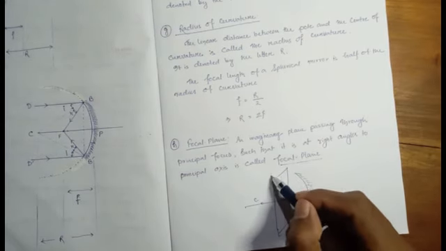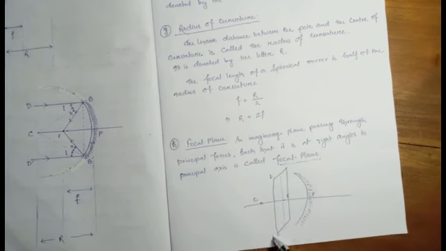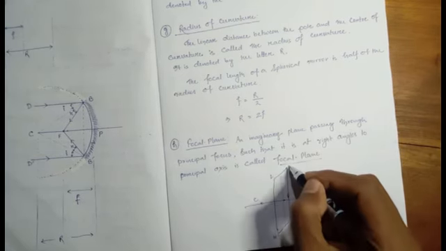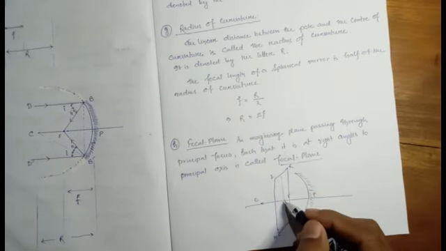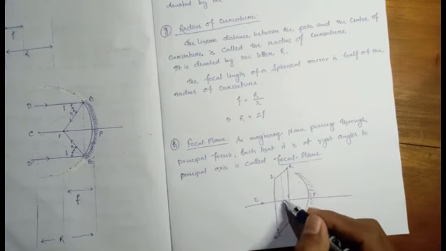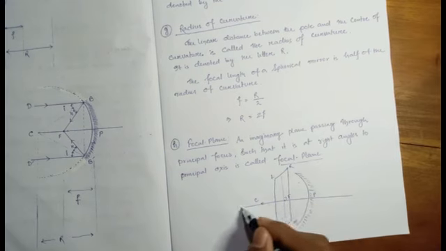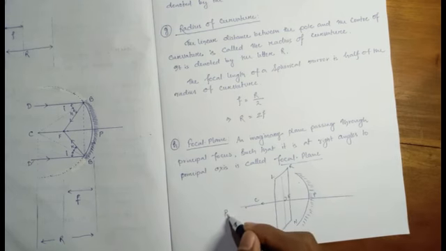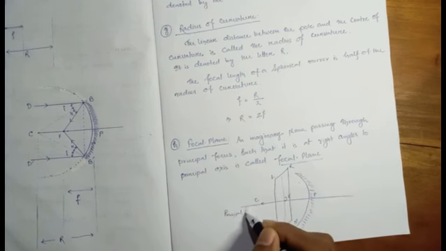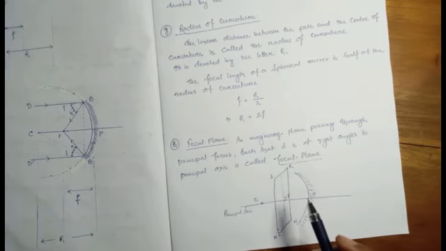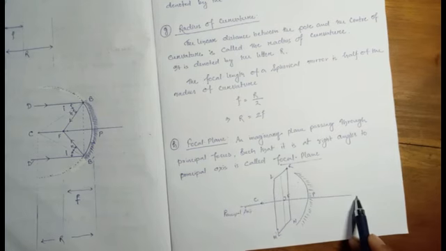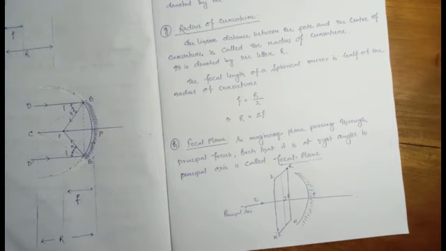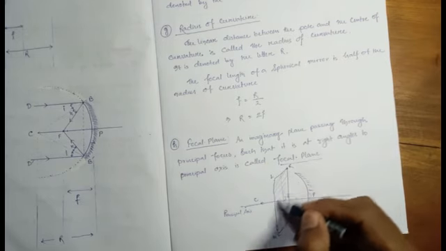You can give any name, suppose L, M, N, R is a plane and this plane is passing through your focus, but this is perpendicular to your principal axis. Suppose this is your principal axis. So this plane which is perpendicular to the principal axis and passing through the principal focus is called as what? Focal plane. Okay, so this is your focal plane.